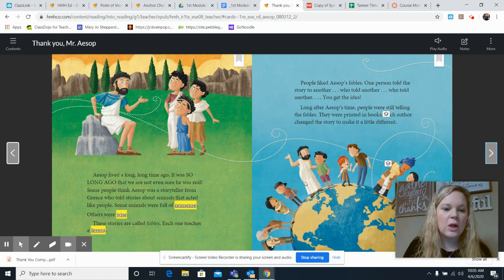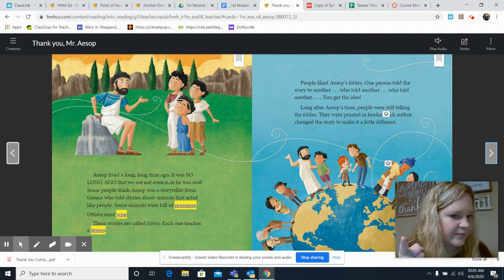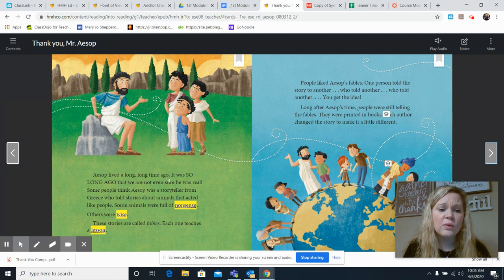Aesop lived a long, long time ago. It was so long ago that we are not even sure he was real. Some people think Aesop was a storyteller from Greece who told stories about animals that acted like people.